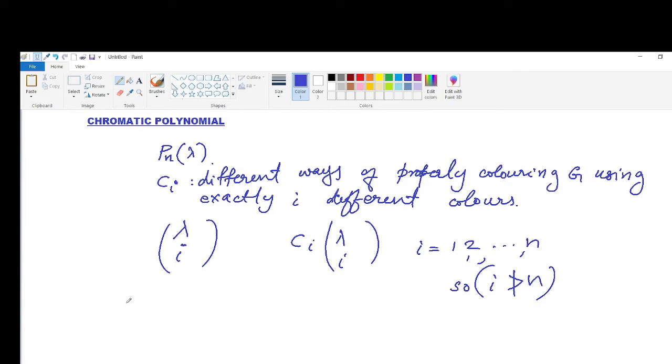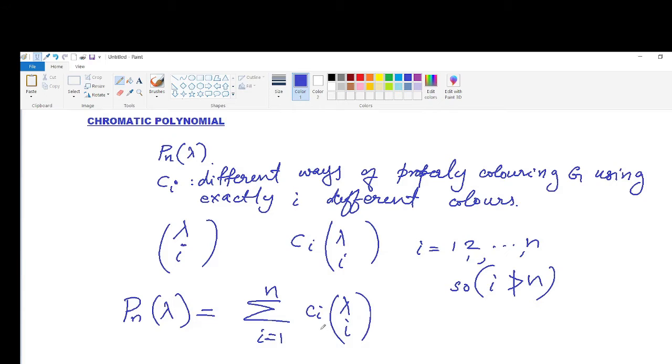Now the chromatic polynomial Pn of lambda is given by the formula sigma i varies from 1 up to n Ci lambda Ci. Now we can expand this.